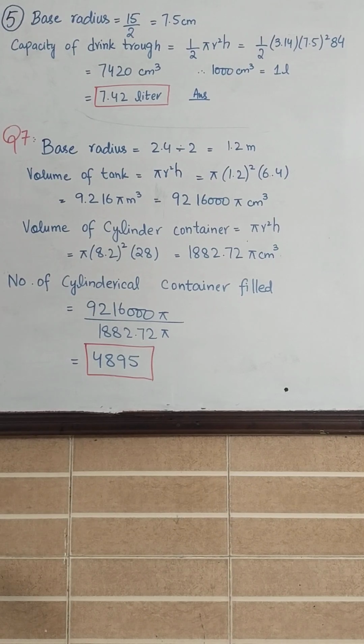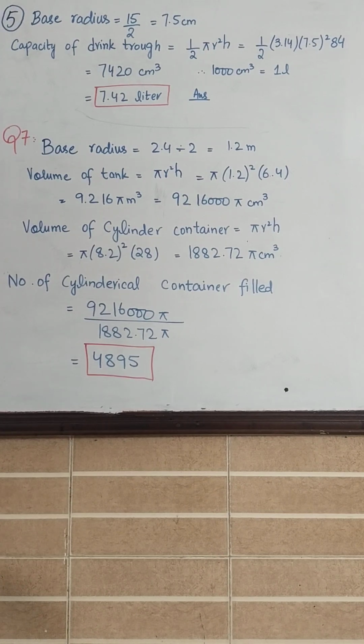But the other cylindrical object's answer will come in centimeter because its measurements are given in centimeter. So you can convert meter into centimeter. For conversion, you know 1 meter cube is equal to how many centimeter cube? Simply multiply it and you get the answer 9216000 pi centimeter cube.